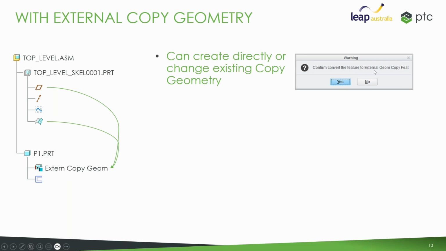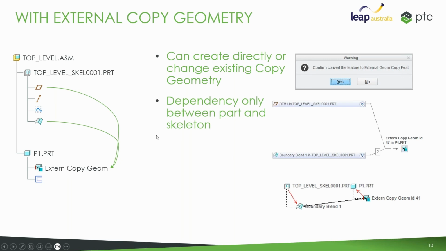Okay, so that's just saying about the internal, external sort of. But if we look at the reference that we have, effectively we've got a link between the part and the skeleton part. The assembly isn't mentioned in the reference tree.